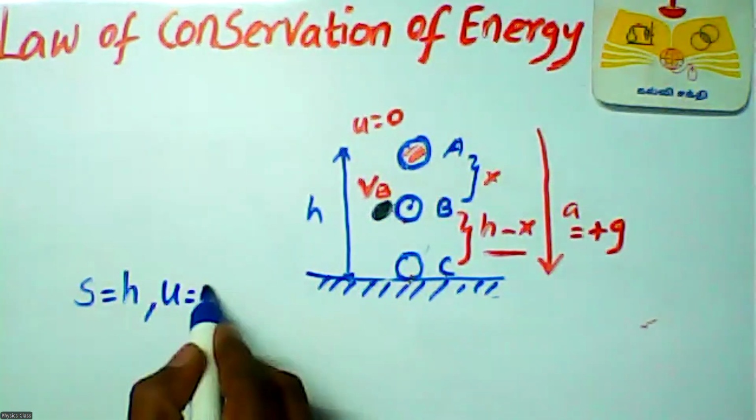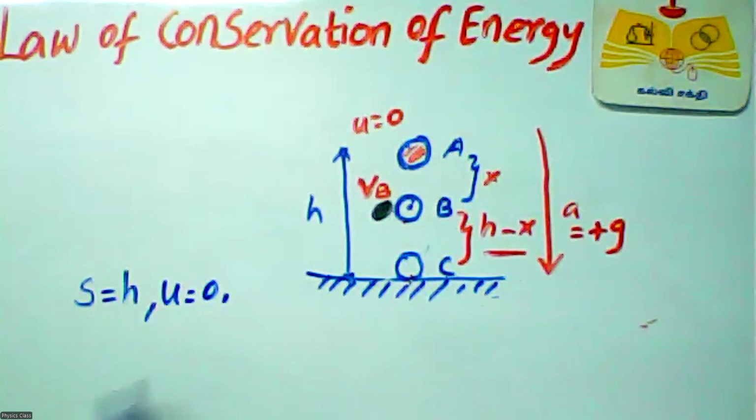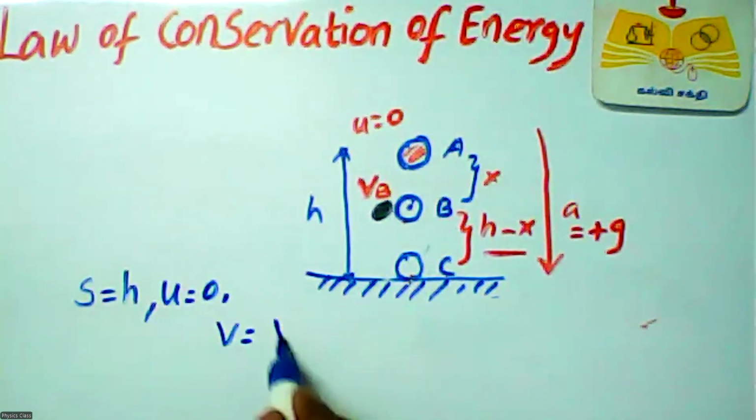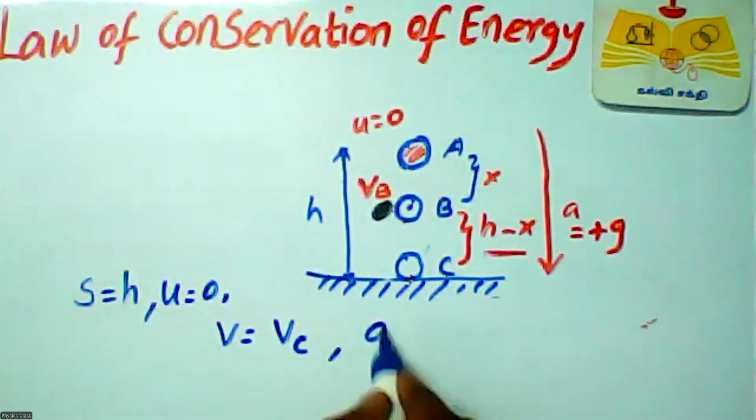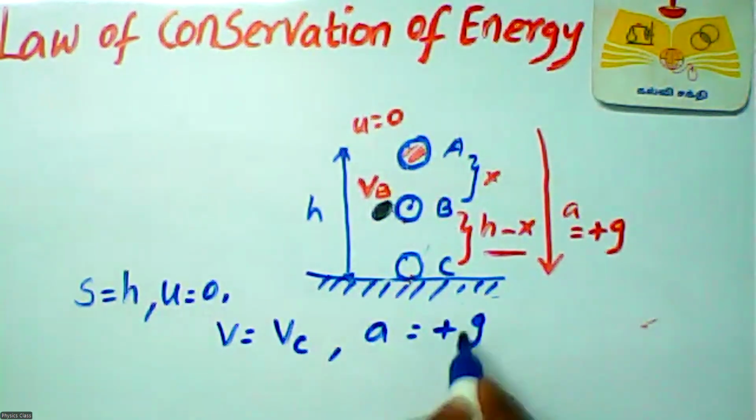Initial velocity 0. Final velocity we can label as vc. And a is nothing but plus g. Clear? So now we have to find it using the equation of motion.